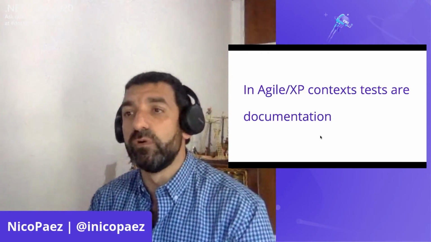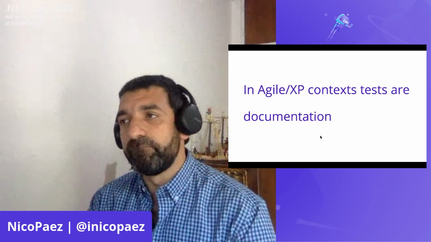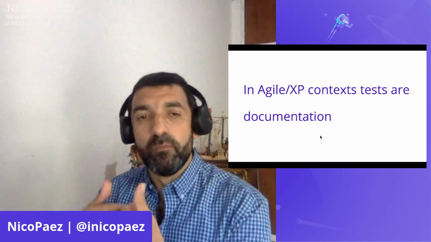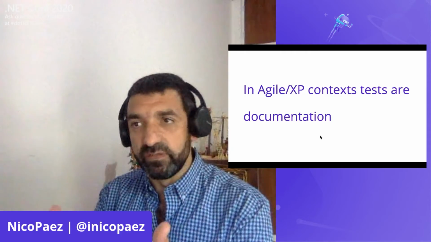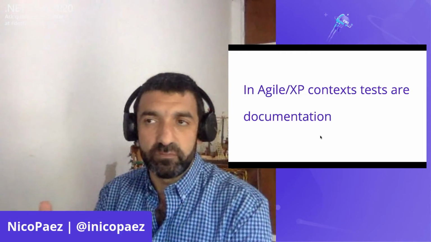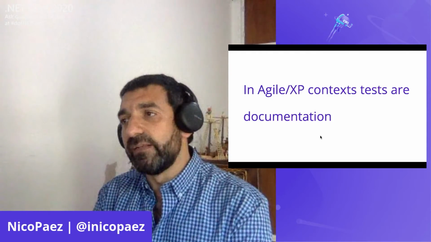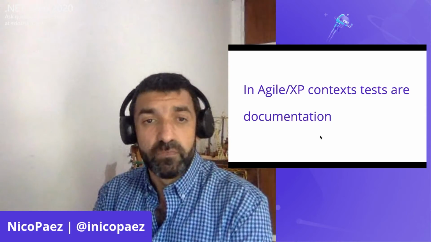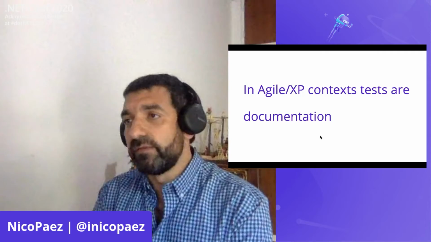At the same time, if you work in an agile or extreme programming way, well, tests are documentation, right? Beyond using TDD or not, you will have tests in this context. And of course, working in an agile way is something very common nowadays. And in that context, tests are documentation. And of course, when you read your documentation, you want it to be clear, right?